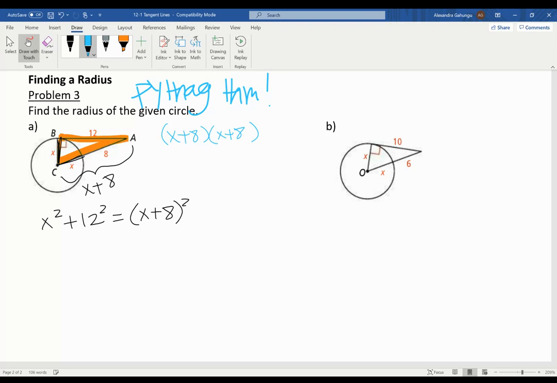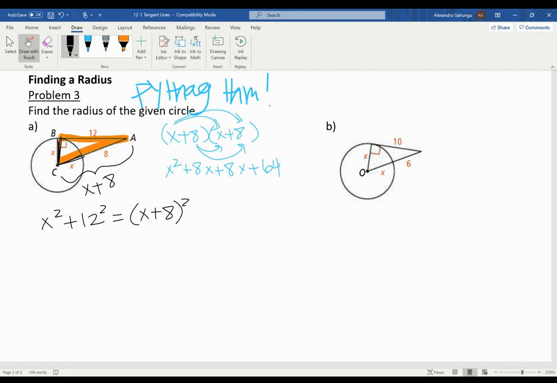There are two ways to multiply this. You can FOIL. I'll do that the first time. First times first, outside times outside, inside, last. So it's x times x, x squared. x times 8, so 8x, plus another 8 times x, so 8x, and then last, 8 times 8, 64.